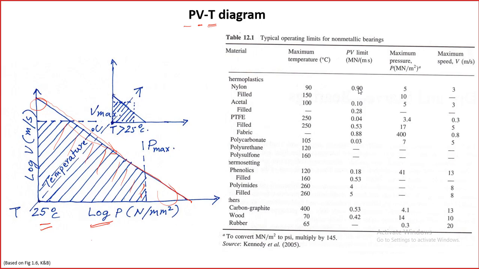This kind of PV diagram has been given for many non-metallic bearing materials, often for solid lubricants or dry bearings. But PV diagram can also be produced for lubricated bearings as well. PV diagram can be created both based on the friction requirement as well as the wear requirement.